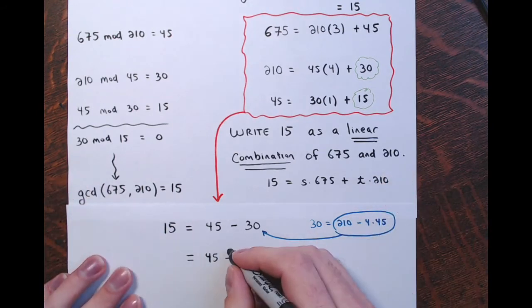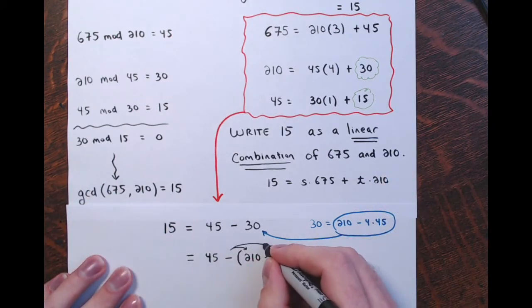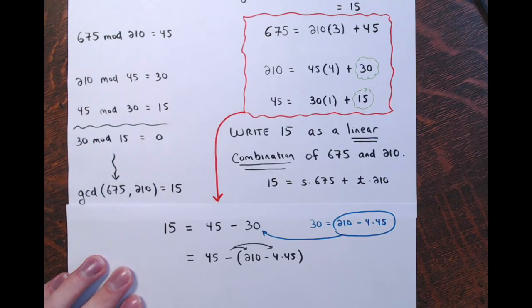Distributing the negative here, we have negative 1 times 210, and then a positive 4 times 45 plus another 45. There's a 45 here, and there'd be 4 45s there, so that'd be plus 5 times 45. 5 45s.